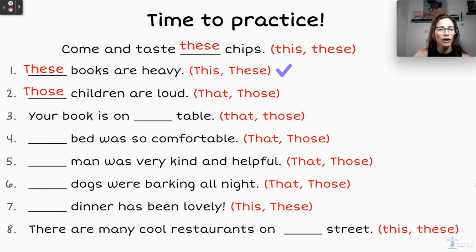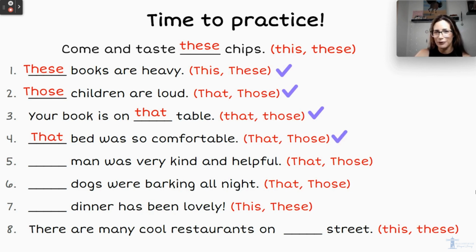Your book is on blank table. Give yourself a tick. Your book is on that table. And give yourself a tick. That bed was so comfortable.